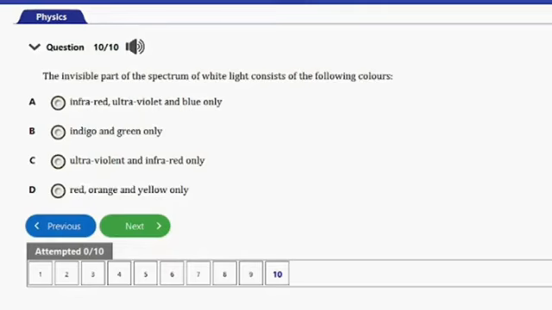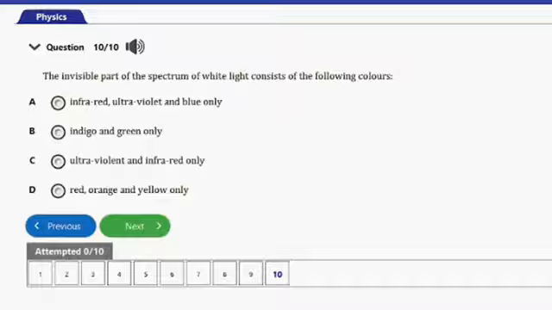It says, the invisible part of the spectrum of white light consists of the following colors: A. infrared, ultraviolet, and blue only. B. indigo and green only. C. ultraviolet and infrared only. And D. red, orange, and yellow only.